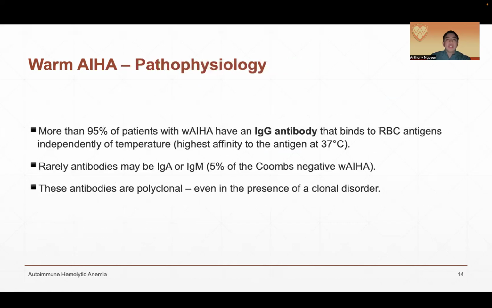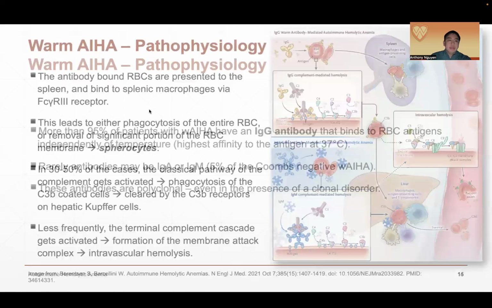The pathophysiology of warm autoimmune hemolytic anemia is that more than 95% of patients will have an IgG antibody that binds to their red blood cell antigens independent of the temperature, and rarely antibodies can be IgA or IgM, and 5% of the Coombs are negative. These antibodies are polyclonal even in the absence of a clonal disorder.